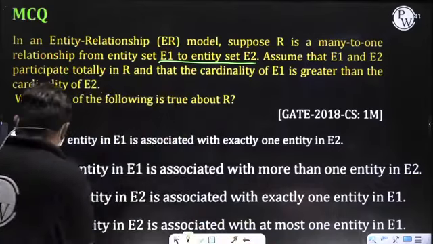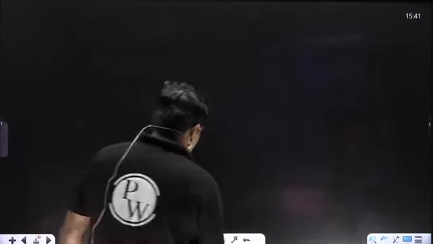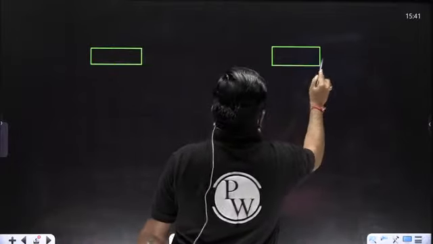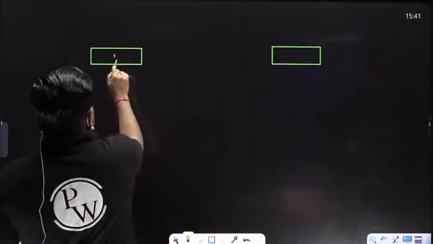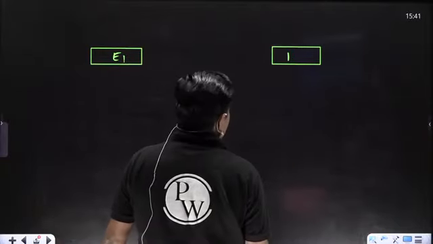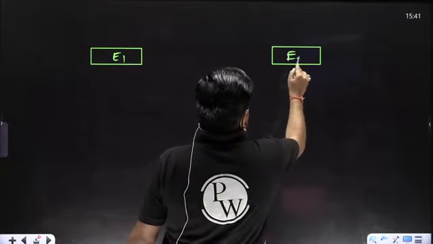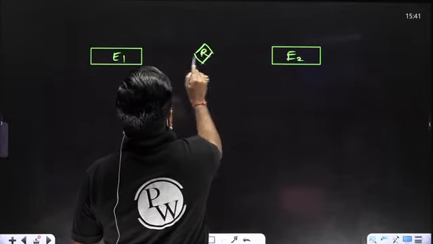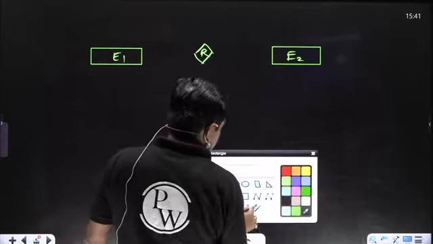So my dear student, first of all, whatever is given, we draw according to that. There are two entity sets, E1 and E2, and there is one relationship set that has total participation and is many to one.